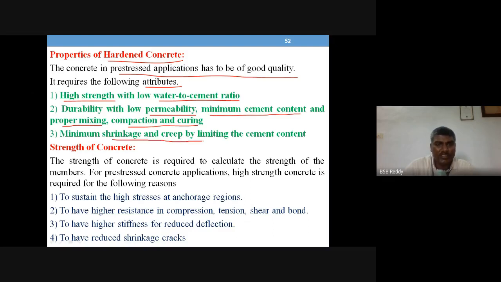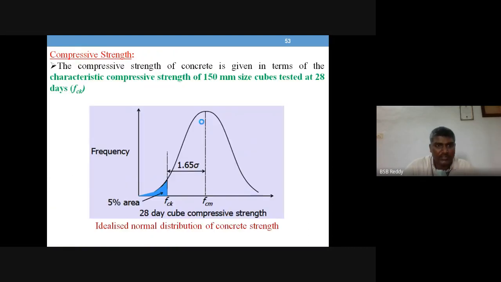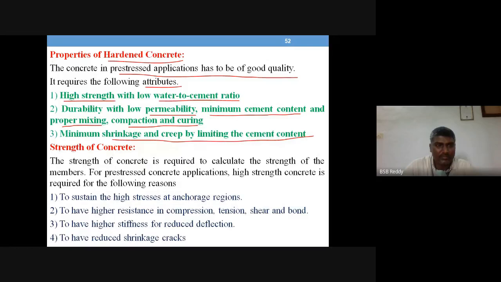Minimum shrinkage and creep by limiting the cement content. So these are the attributes that make pre-stressed concrete a good quality one. Right. So let us see the strength of concrete.